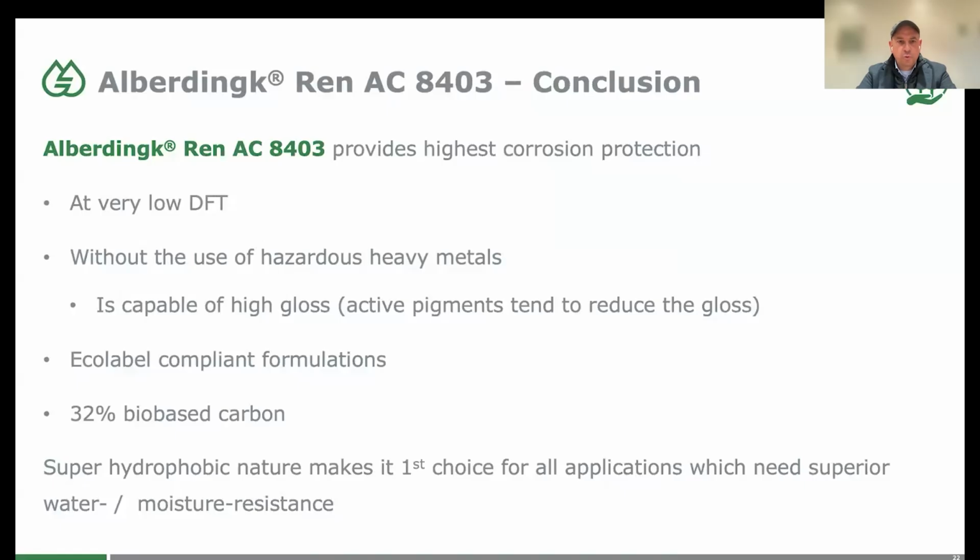We do not need to use hazardous heavy metals, so no zinc, no strontium, nothing whatsoever, which gives us the capability of having high gloss coatings, because we don't need the active pigment, which can potentially reduce the gloss. We can have eco-label compliant formulations. In this particular case, we have a fraction of 32% bio-based carbon in the resin.